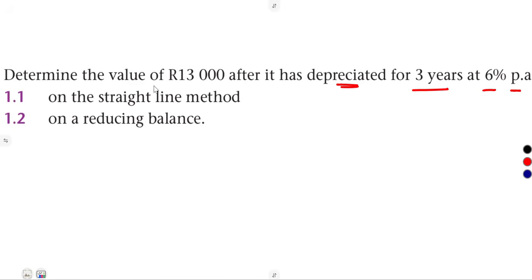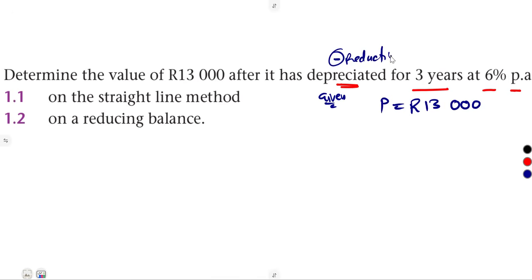So what are we having? The starting value, your initial value, which is the principal value. So we've got the P, which is 13,000 rand. And it has depreciated, that's a reduction, negative.